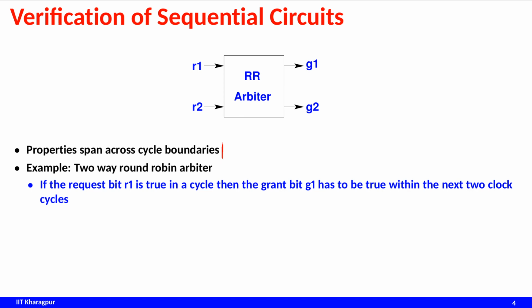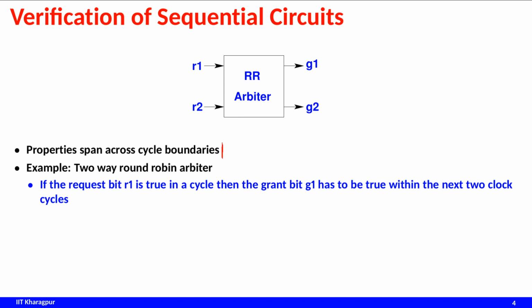Now let's say I have a round robin arbiter, and the purpose is this: there are two requests, R1 and R2, and the arbiter gives grants G1 and G2 in some round robin fashion.